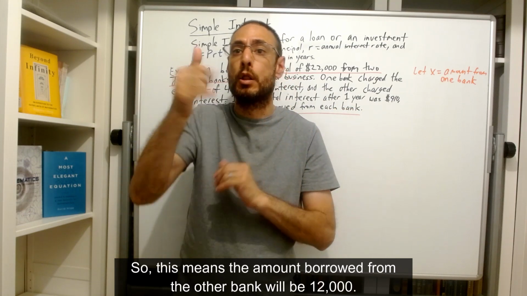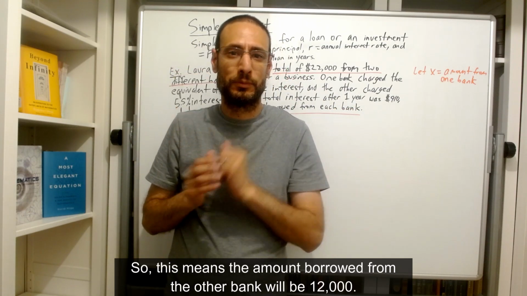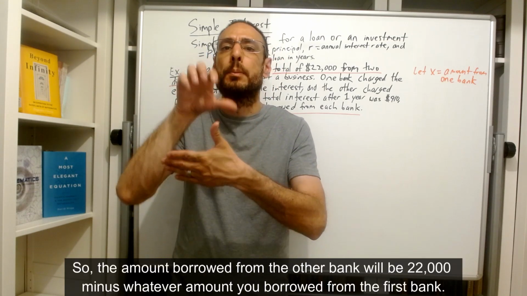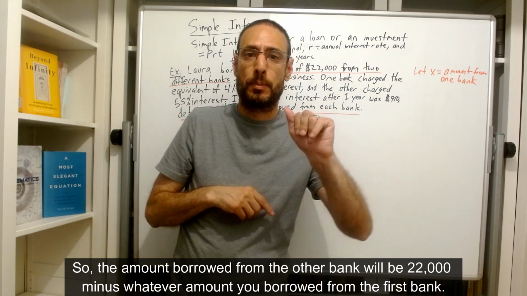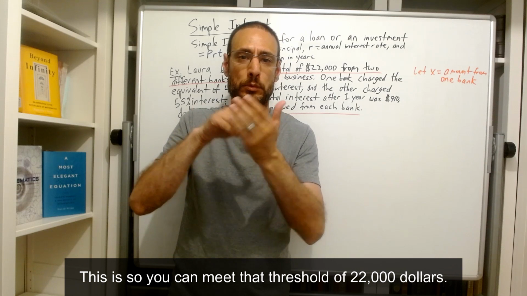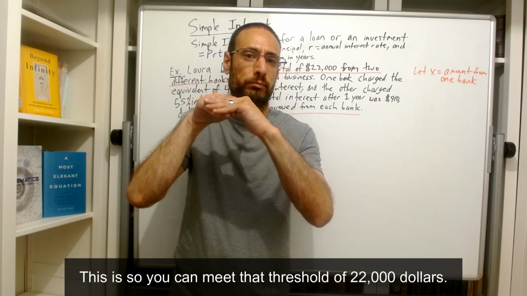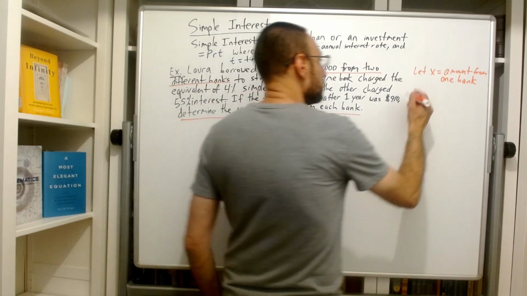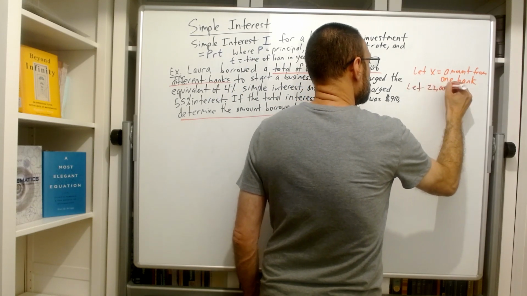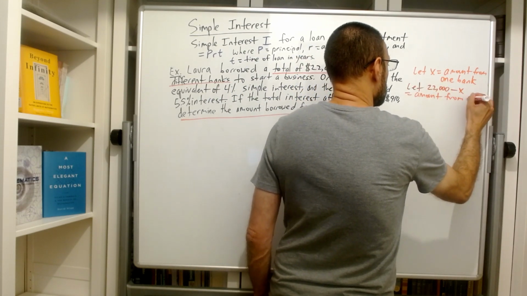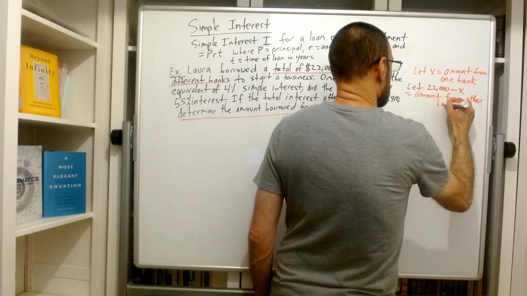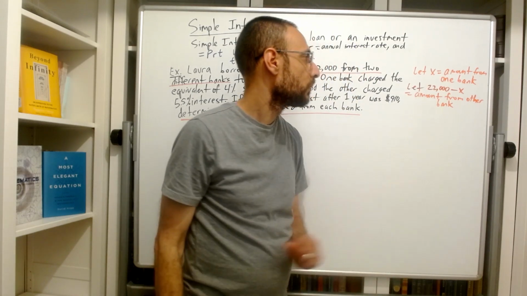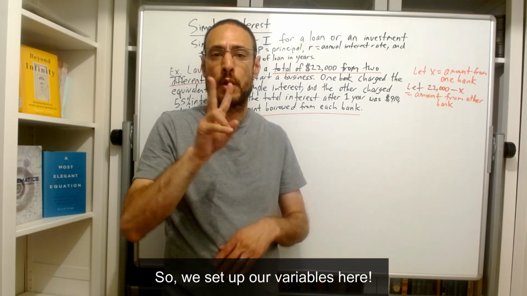So, this means the amount borrowed from the other bank will be $12,000. Does that make sense? So, the amount borrowed from the other bank will be $22,000 minus whatever amount you borrowed from the first bank. This is so you can meet that threshold of $22,000. Let me write that down on the board. So, we set up our variables here.